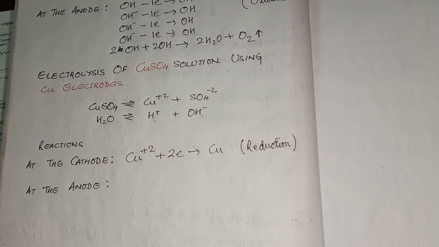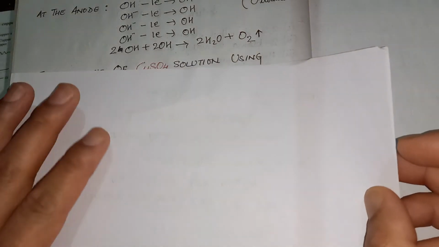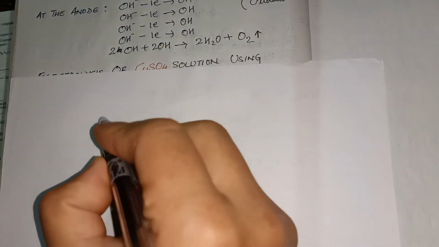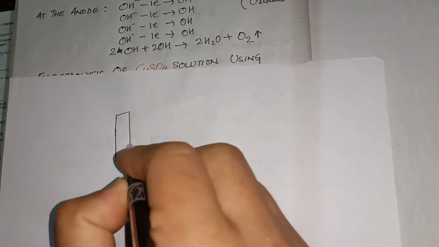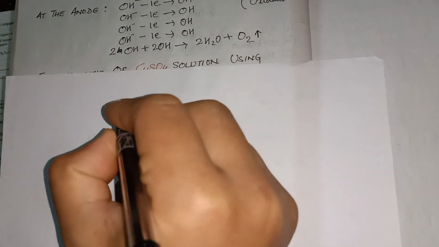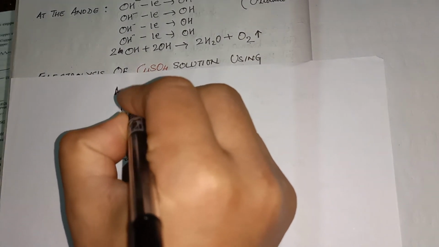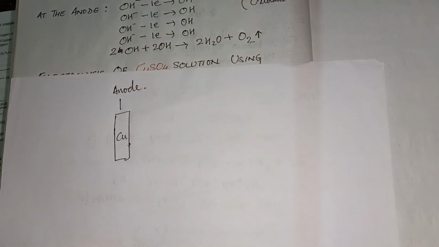Now we also have to remember that the anode is made up of copper. So I'll take another paper to show you. This copper electrode is made up of copper. This is the anode.